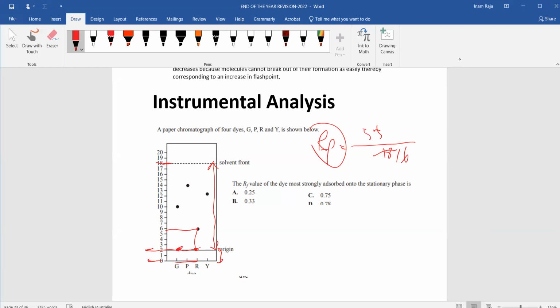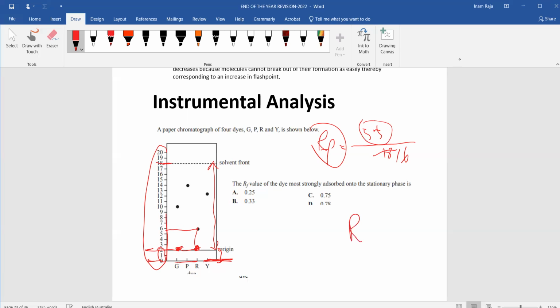Similarly, the distance covered by R is not 5.5, it is 3.5, because we have to minus the 2 centimeters. It's very important. Remember, you have to calculate the distance from the origin of the compound, not from the bottom of the TLC plate. If they've given you a scale like that, it may easily deceive you, so make sure of that. And how would you remember? It is the distance covered by compound over distance covered by solvent.